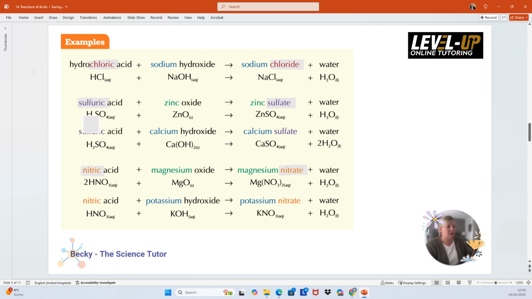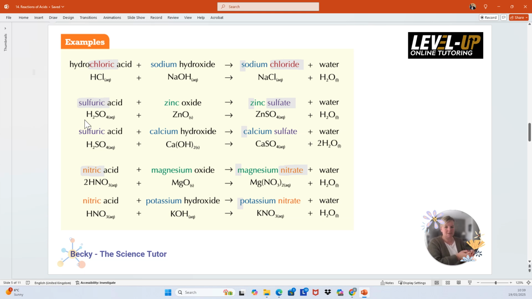You can see in all of these examples the name of the metal comes first, and then the ending of the salt that we're producing comes from the name of the acid that we have used. So a hydrochloric acid will always produce something chloride, sulfuric is the metal sulfate, and nitric is the metal nitrate.